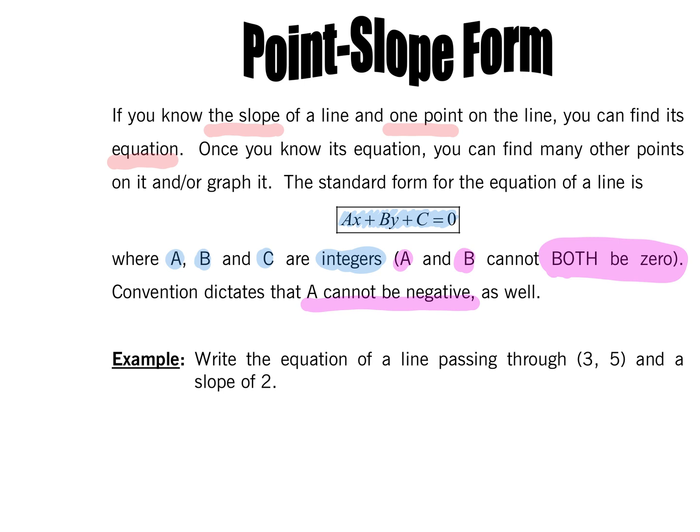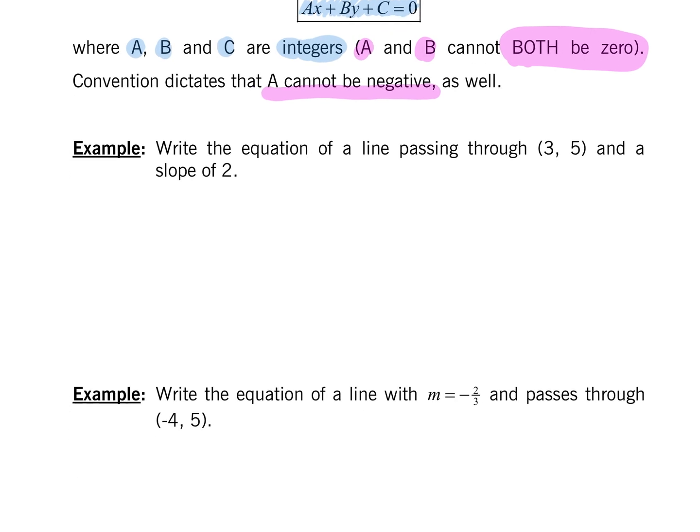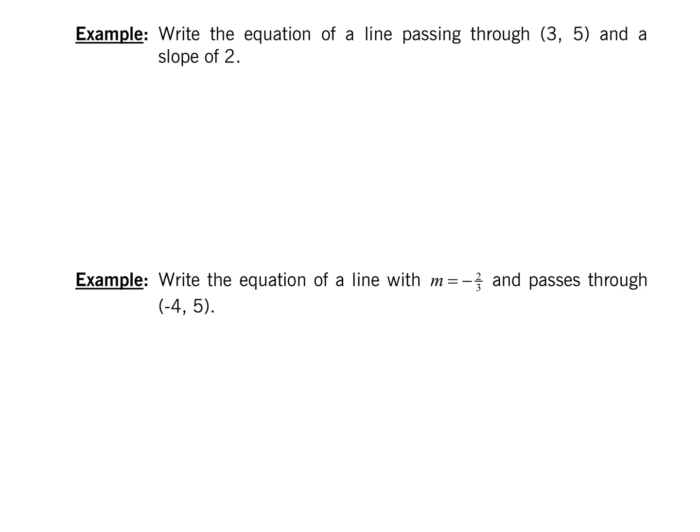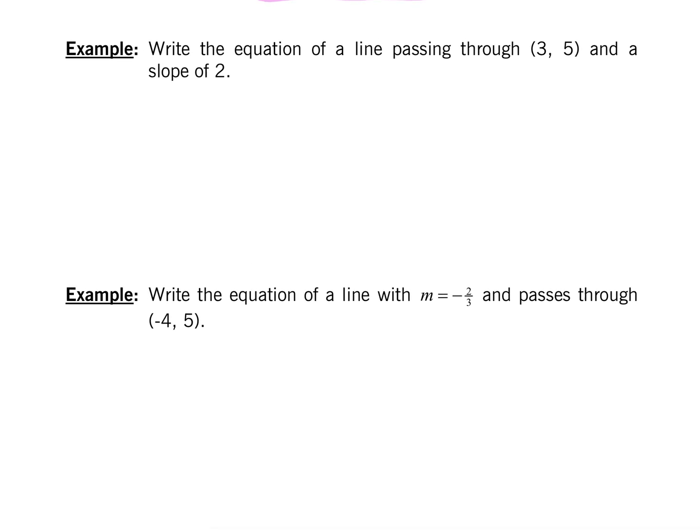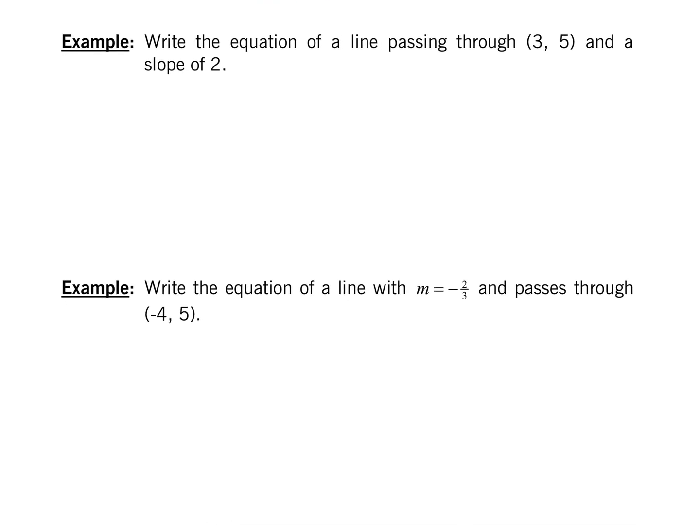Let's go ahead and do some examples. So here's the first one. Write the equation of the line passing through the point 3,5, and the line has a slope of 2. So there is a point-slope form of the line.